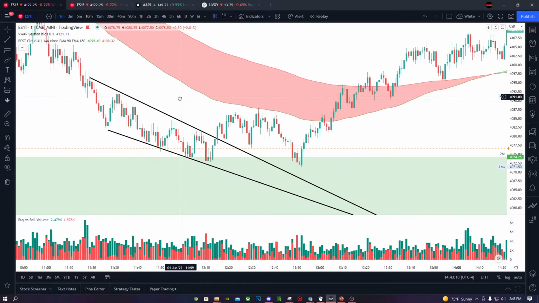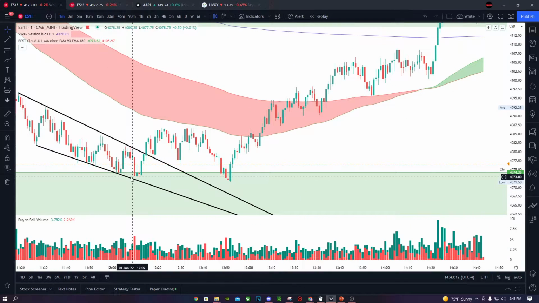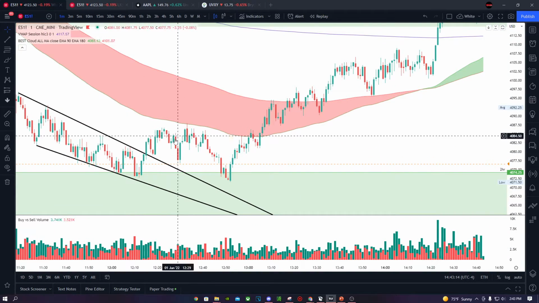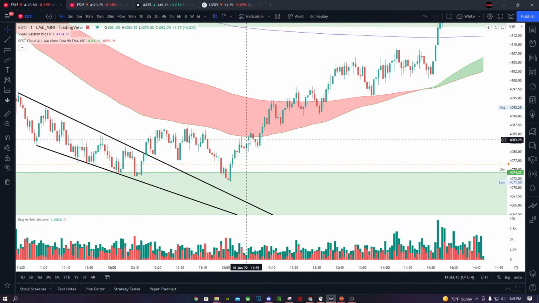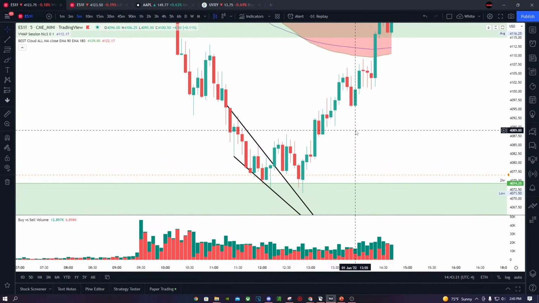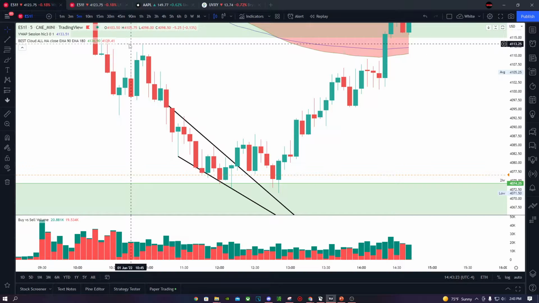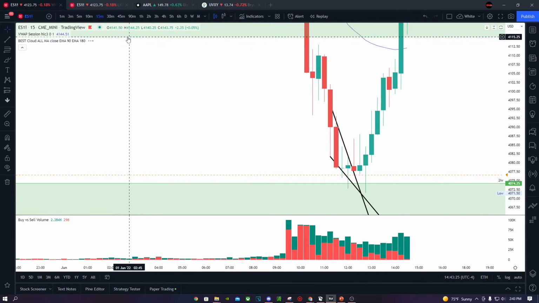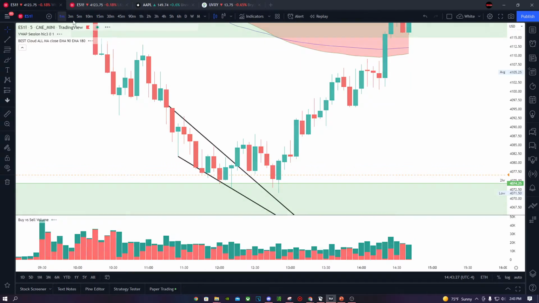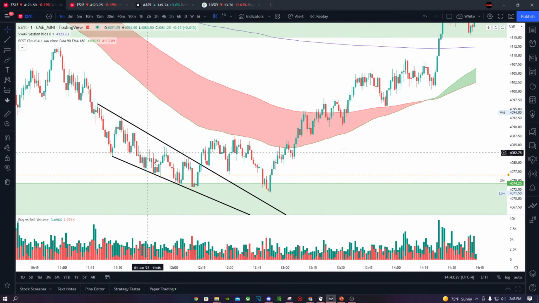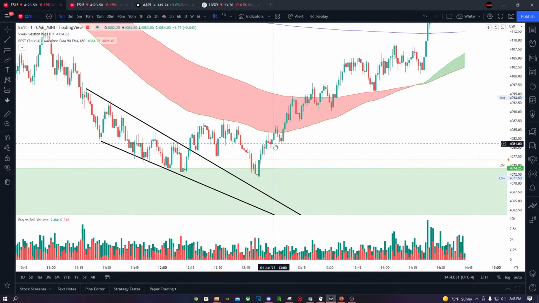You could target VWAP, which is way up there. If you didn't sell anywhere in here, you would have gotten stopped out here. But the good news is if you look at maybe a 5-minute chart, or a 15-minute chart, you'll see a different pattern. This was a falling wedge pattern. You could have gotten a scalp, right?